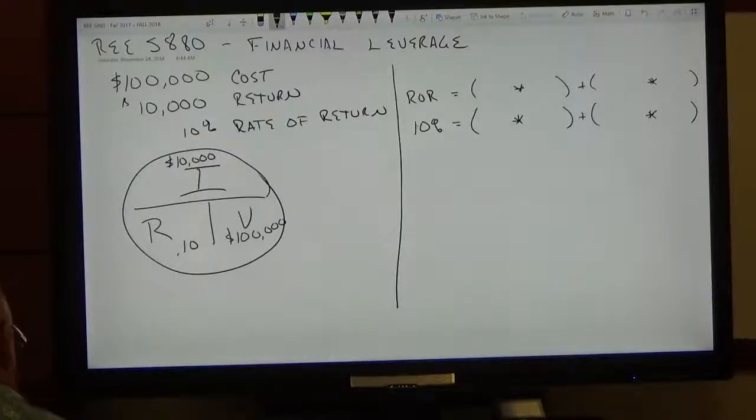What we've got over here is the debt side, and over here we have the equity side. Here we're going to say this is our loan to value, and this is our interest rate on our loan. Over here, this is the equity that we put up, or the equity percent.